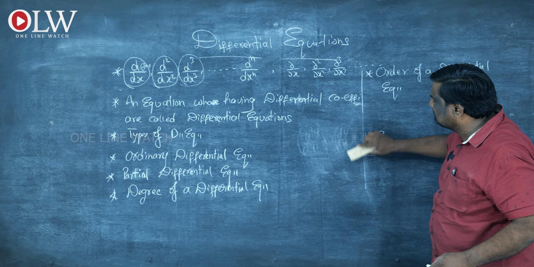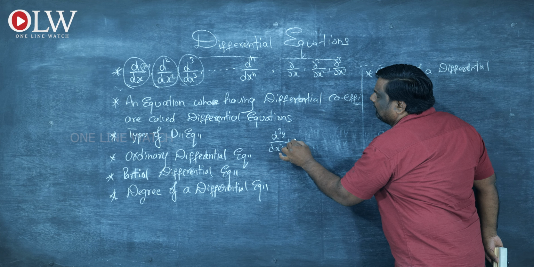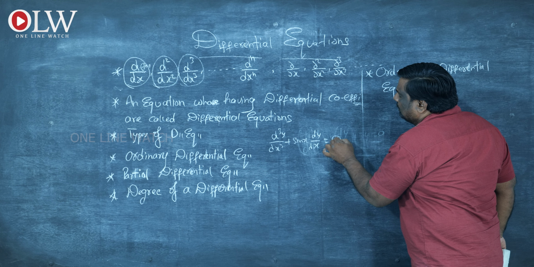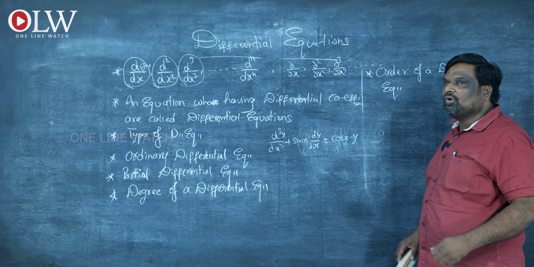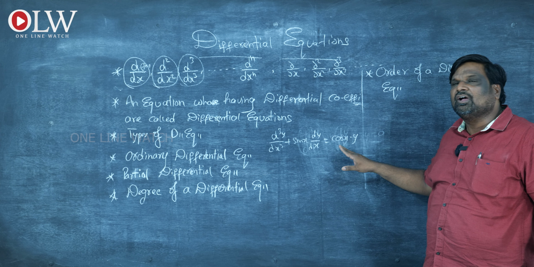Example number 2: d cube y by dx cube plus sin x into dy by dx is equal to cos x into y. This is an example of a differential equation involving trigonometric ratios.